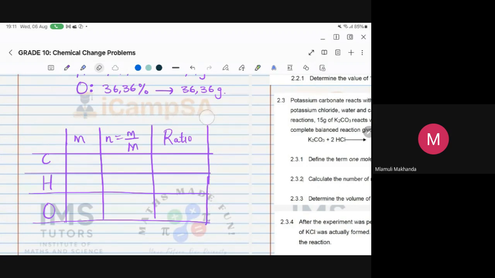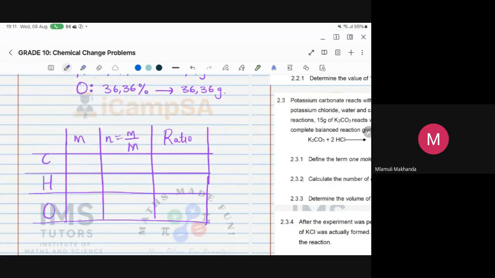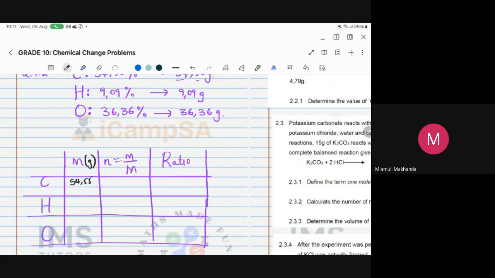Good. So mass, remember, at 54.55. So all this is in gram, and this is in mole, and this is unitless.